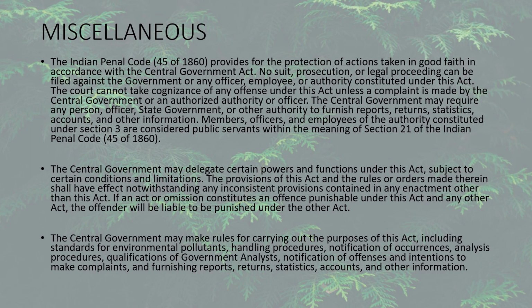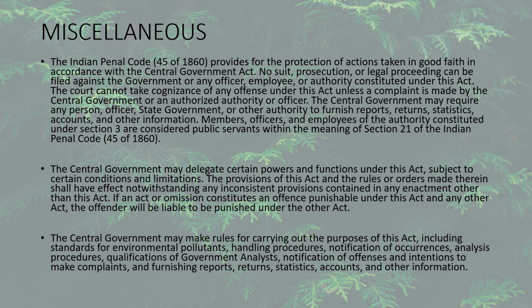Now, the central government may make rules for carrying out the purposes of this act, including standards for environmental pollutants, handling procedures, notification of occurrence, analysis procedures, qualification of government analysts, notification of offences and intention to make complaints, and furnishing reports, written statistics, accounts and other information.